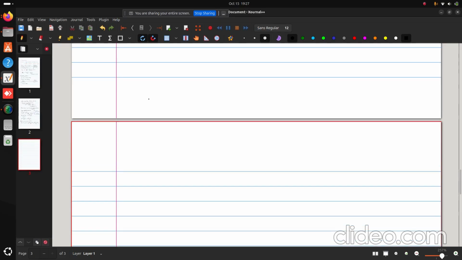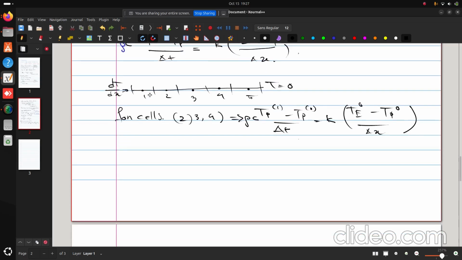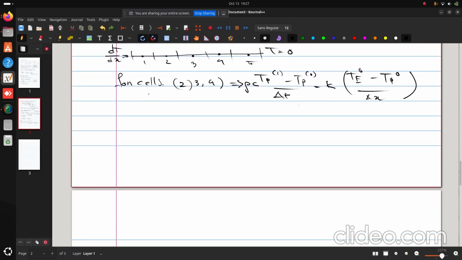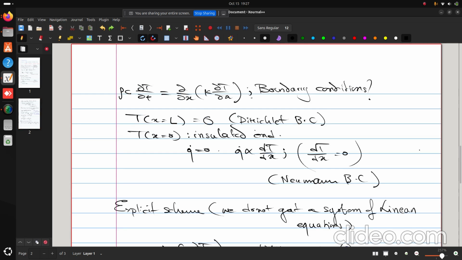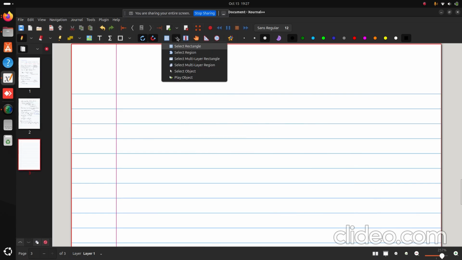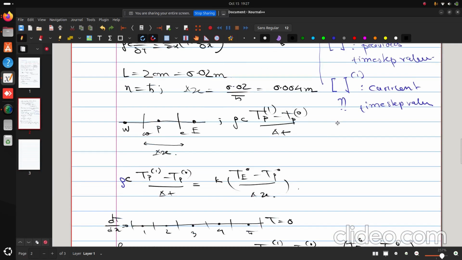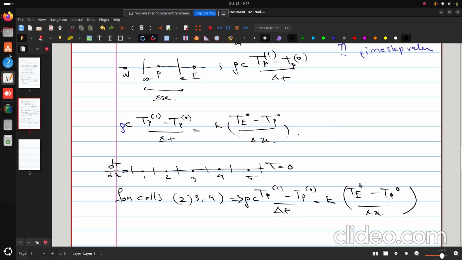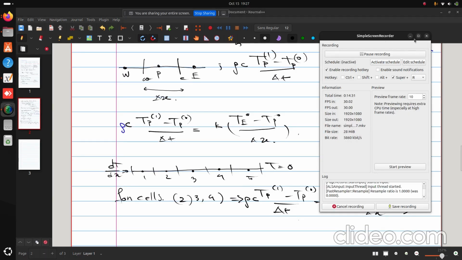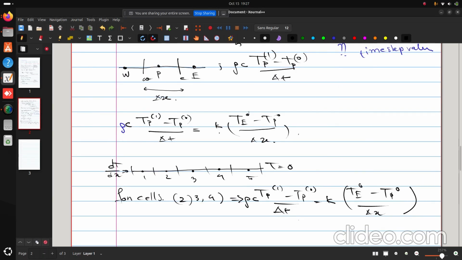All right. So what about the point number 5? The right side boundary, we always have the temperature as constant. Okay, yeah, so this is for the interior points.